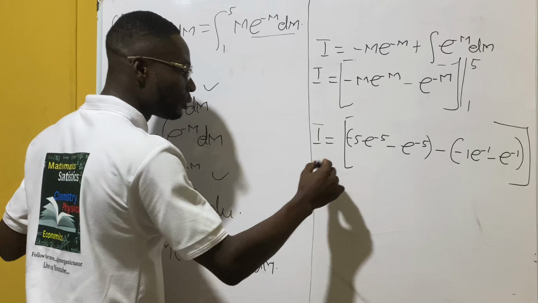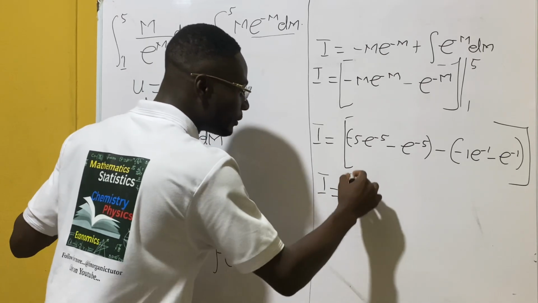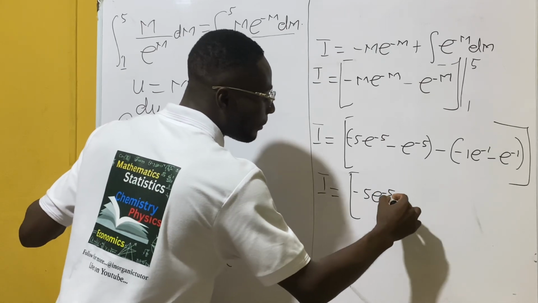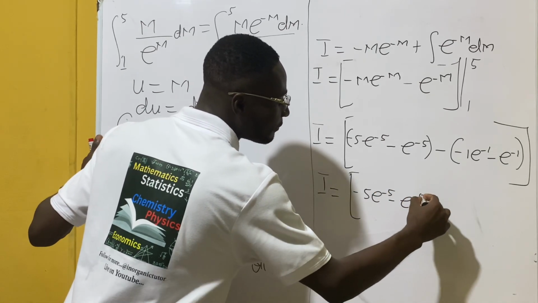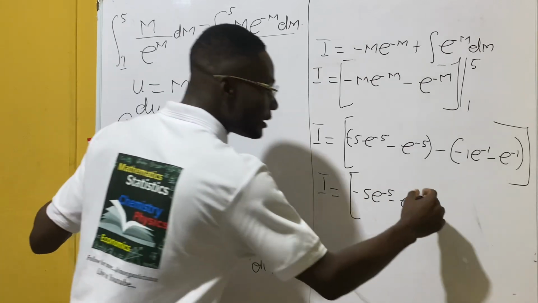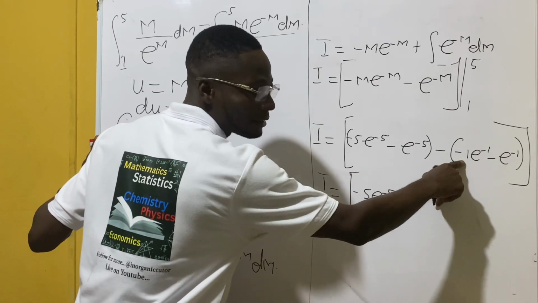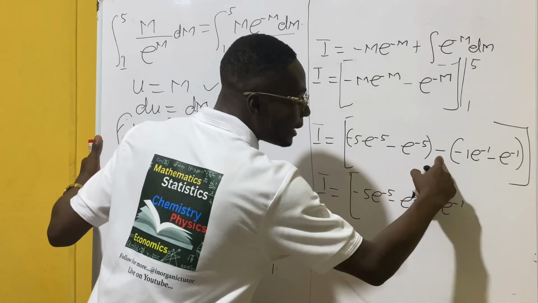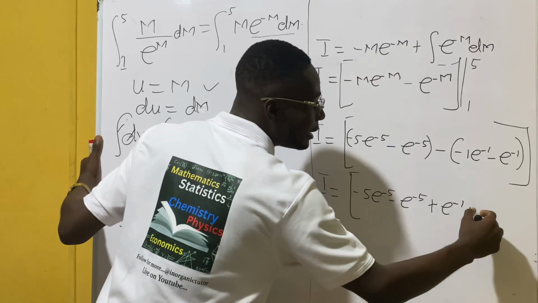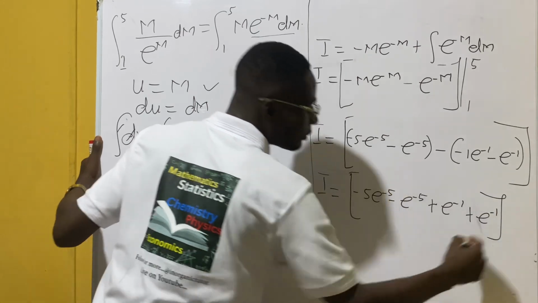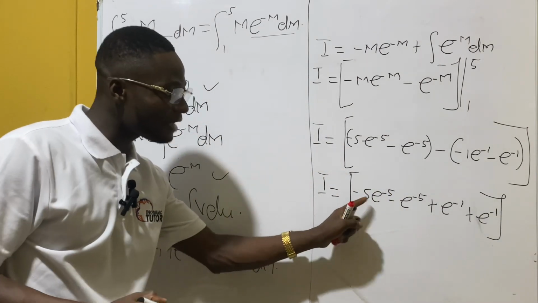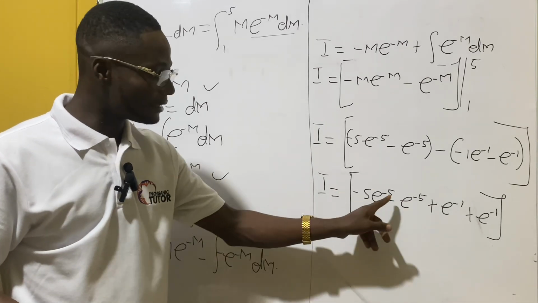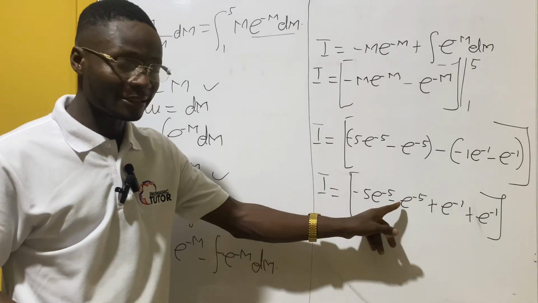So we can now say that our integration is minus 5 e power negative 5 minus e power negative 5. This minus minus is going to be plus e power negative 1, and minus minus is going to be plus e power negative 1. So you can see that we are spotting the same indices over here.